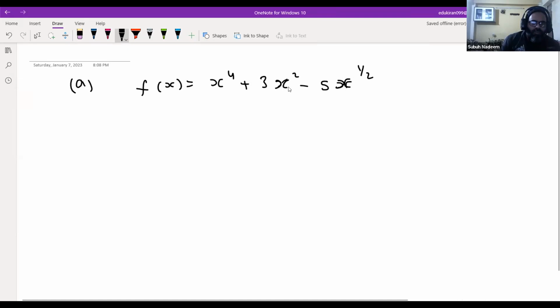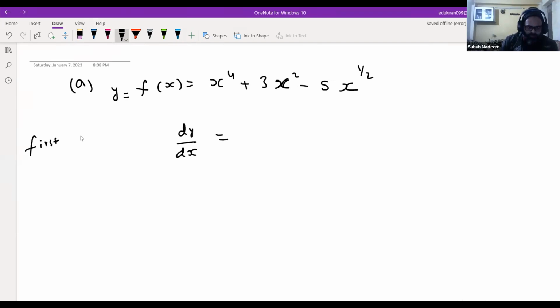Second order derivative simply means that you have to find the derivative of the derivative, that is, the derivative of f(x), which is y, called dy by dx, as we were doing earlier. So first, let us find the first derivative. This is called first order derivative.